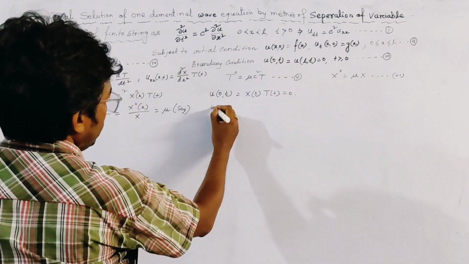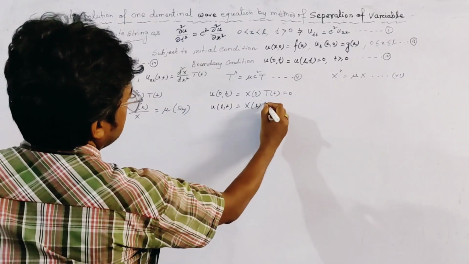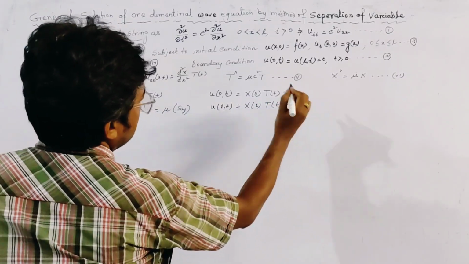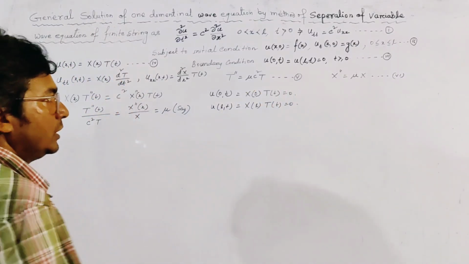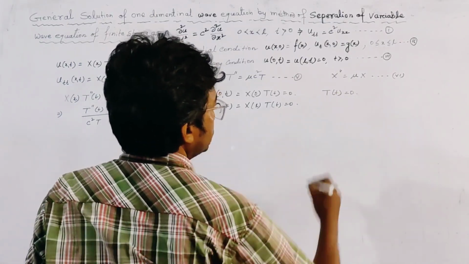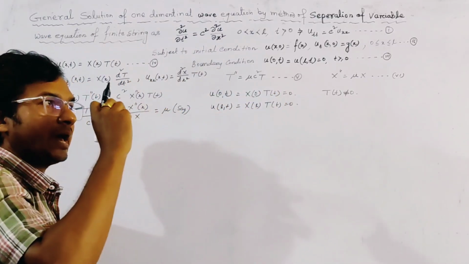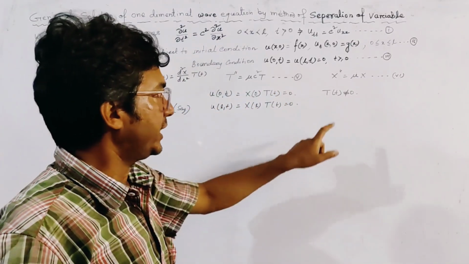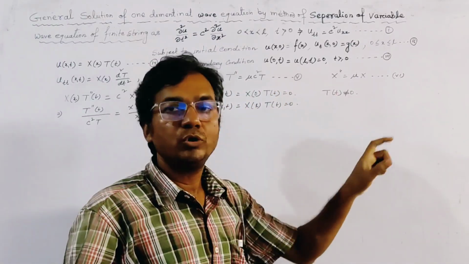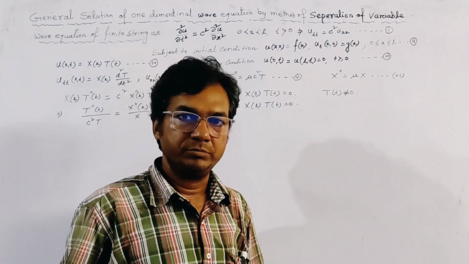Also u(l,t) equal to X(l) T(t) equal to 0. Now if we take T(t) equal to 0, this is not possible, because we cannot take the function of t equal to 0 at any time, since time is always positive.